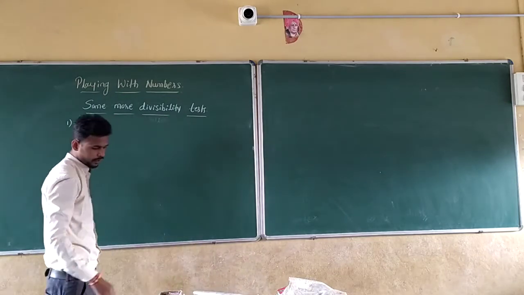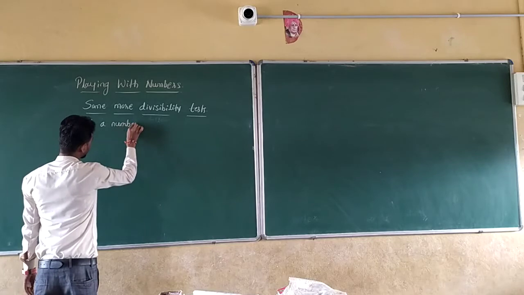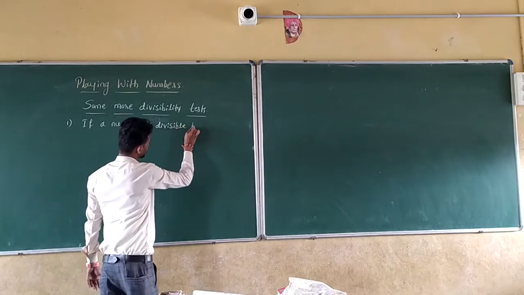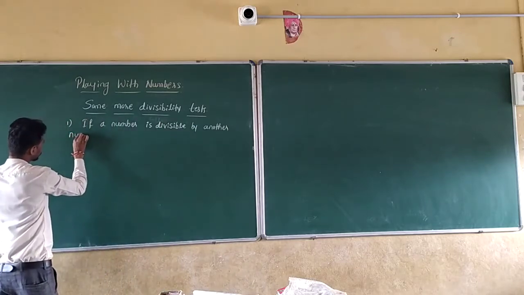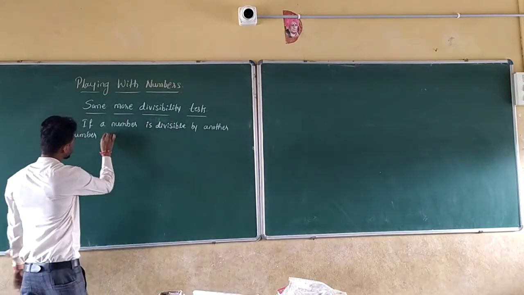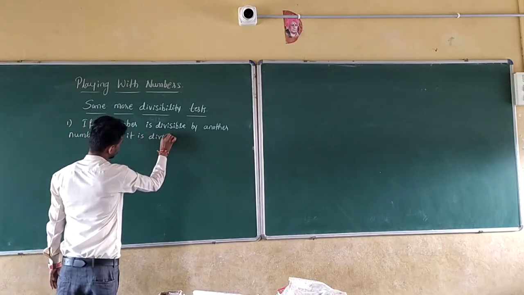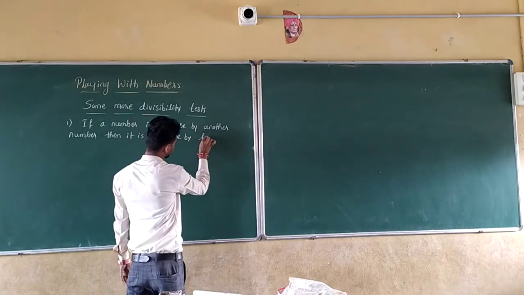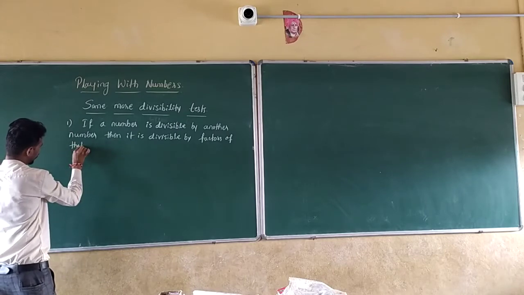If a number is divisible by another number, then it is divisible by factors of that number.